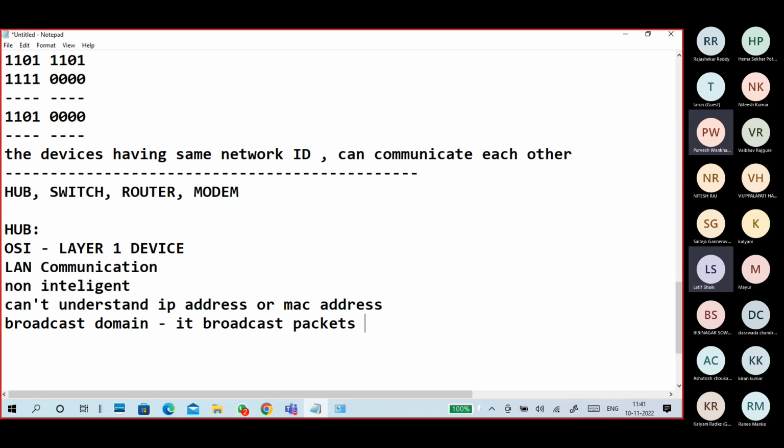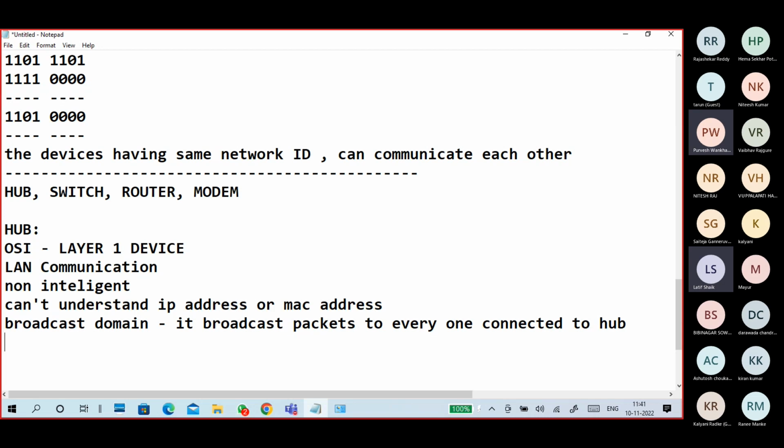Normally, we call them PDUs, like packet data units. It broadcasts to everyone connected to the hub. So A wants to send a packet to B, but the hub will send the packet to B, C, D, E, F also. All those devices connected will get it. It's a broadcast domain.